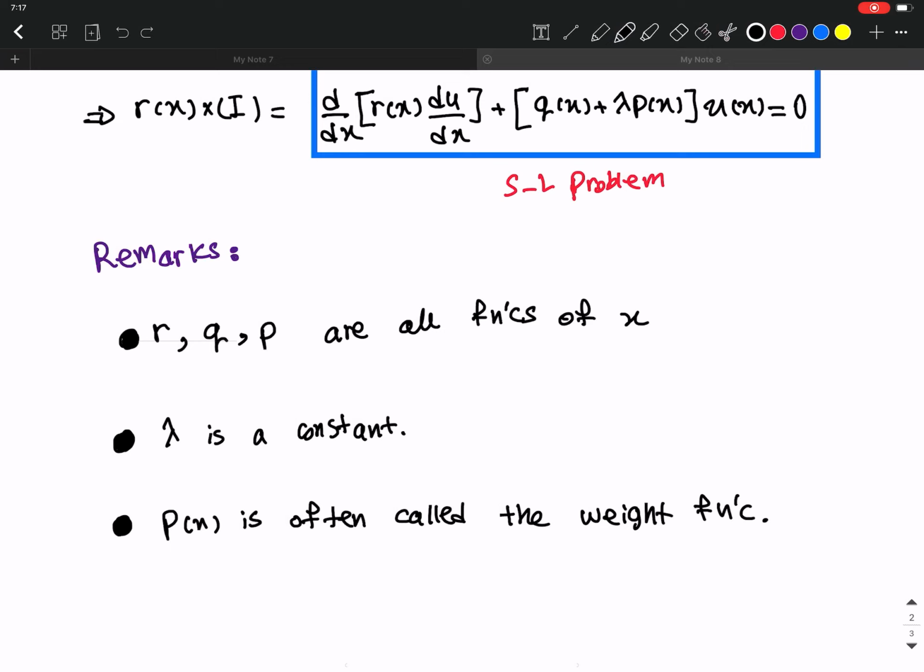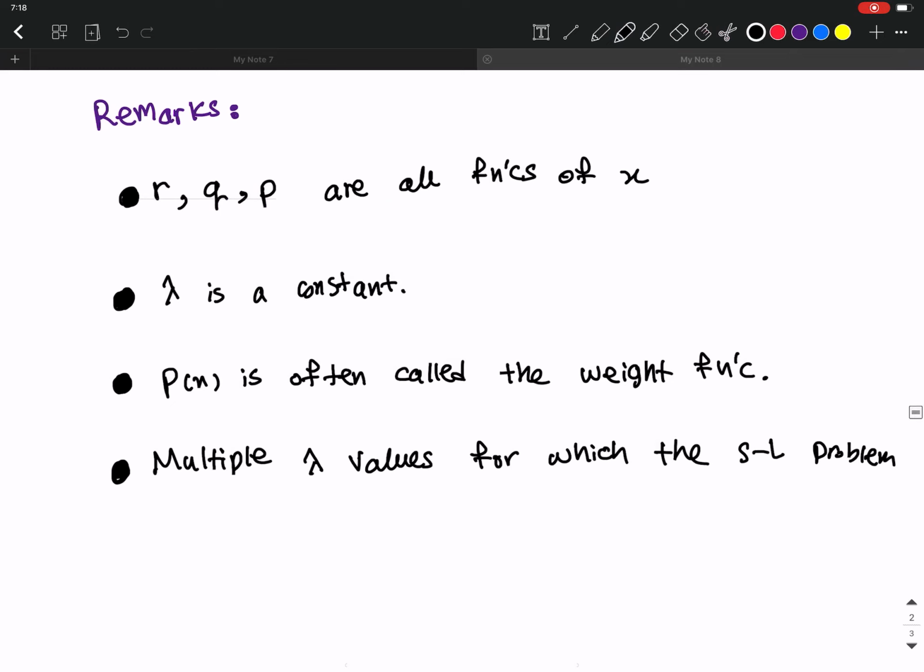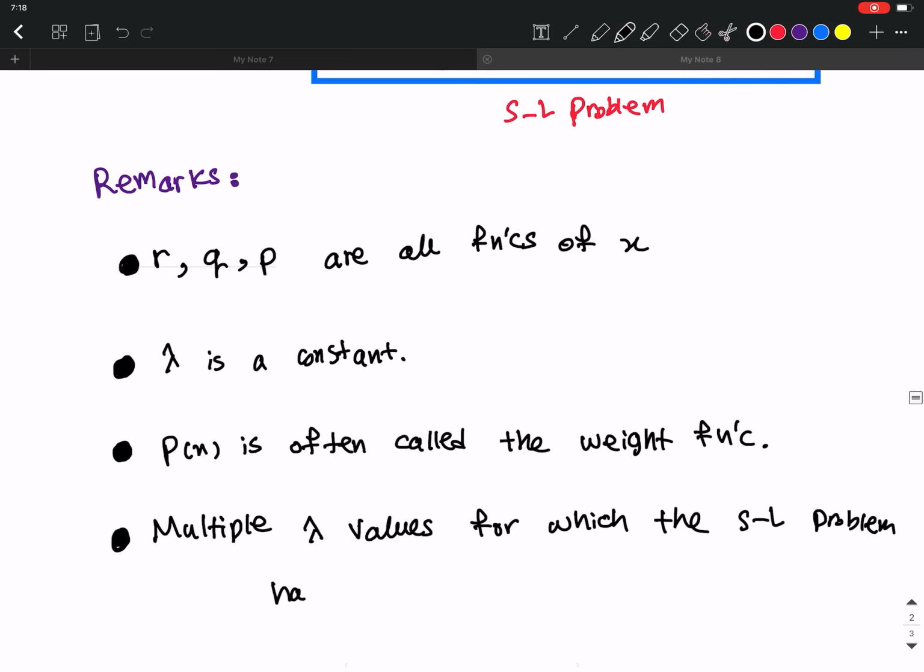So the next point that I want to make is that there are multiple lambda values for which the SL problem has non-trivial solutions.